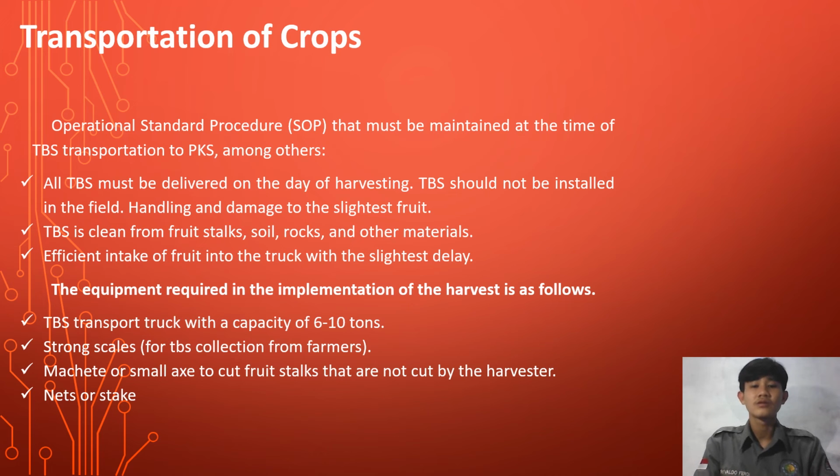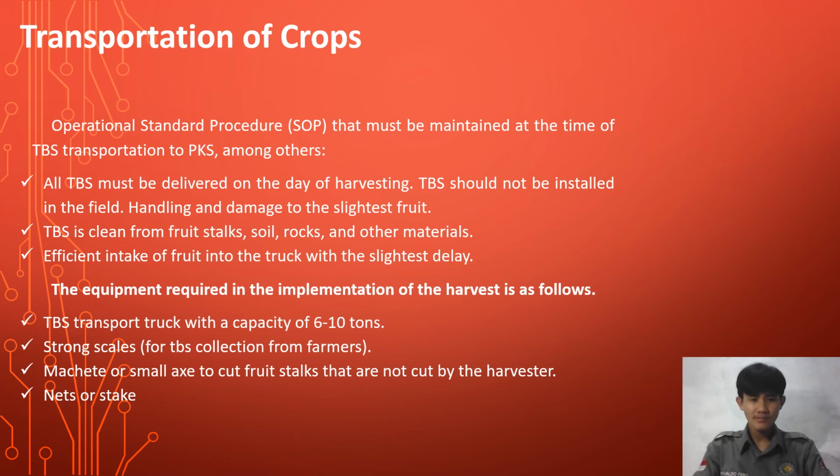TBS shall not be left in the field, to avoid handling and damage to the fruit. Number 2, TBS is clean from fruit stalks, soil, rock, and other materials. Number 3, efficient loading of fruit into the truck with the slightest delay.